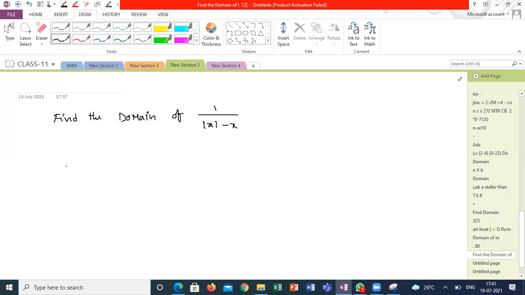The options: first, real numbers; second, 0 to infinity, open braces; third option is minus infinity to 0; fourth option is R minus 0.